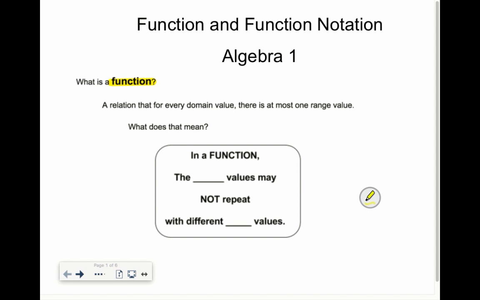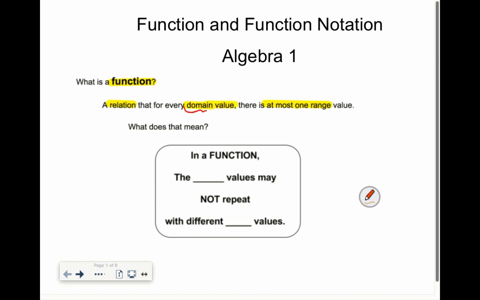A function is a relation that for every domain value, there is at most one range value. Okay, that may be really confusing because what is domain and what is range? We haven't defined those yet. We will, and we'll look at how to find the domain and range shortly, but let me just give you a little heads up.